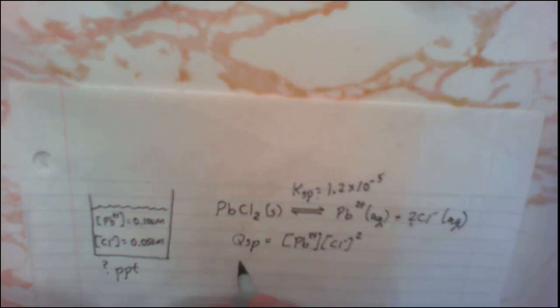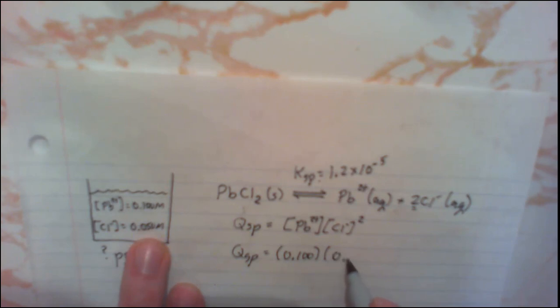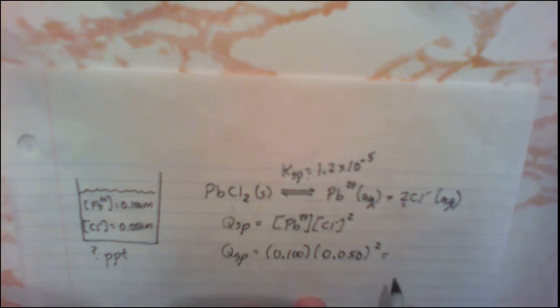In this case, I can simply plug in my values. QSP is equal to the concentration of lead, because I'm told directly what that concentration is, times the concentration of chloride squared. When I plug those numbers in, 0.1 molar times 0.05 molar squared, I get a value of 2.5 times 10 to the minus 4.